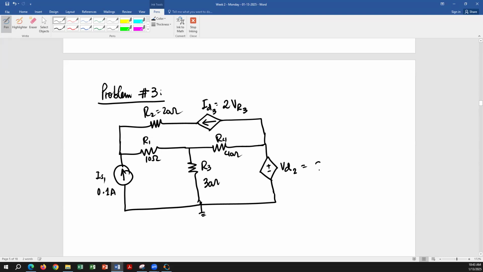It's 2 times IR3. Okay, so what is VR3? VR3 is the voltage across R3. So the value of that dependent current source depends on the voltage across R3. And the value of this voltage source is the current that is passing through R3. So this current.